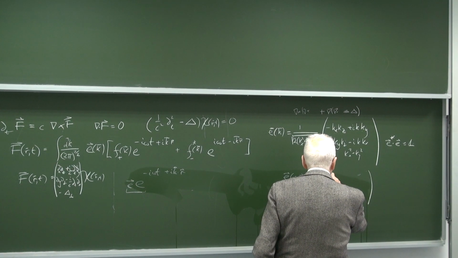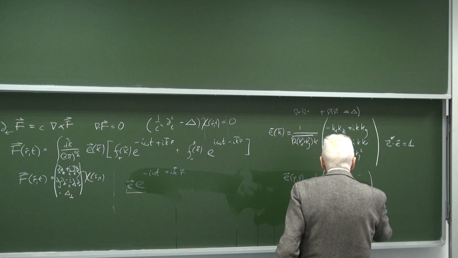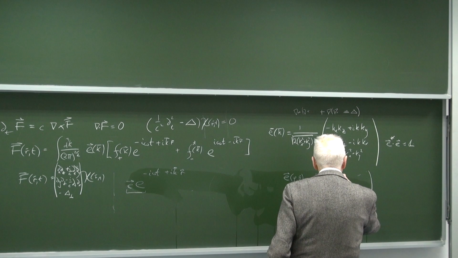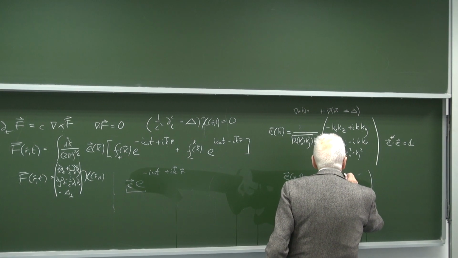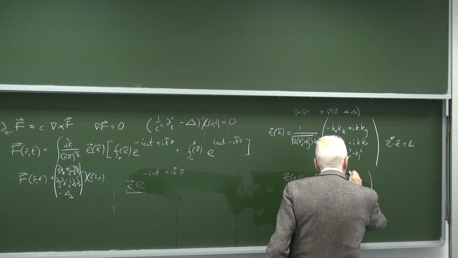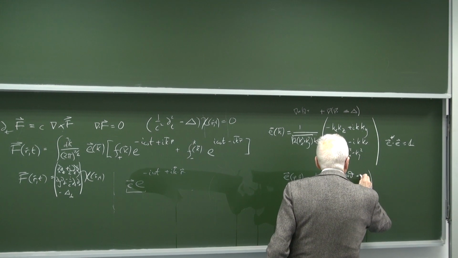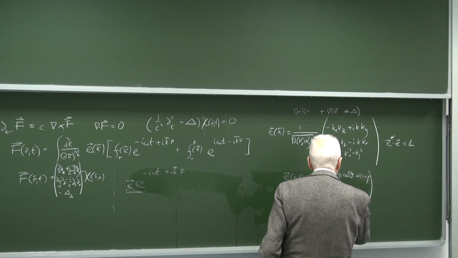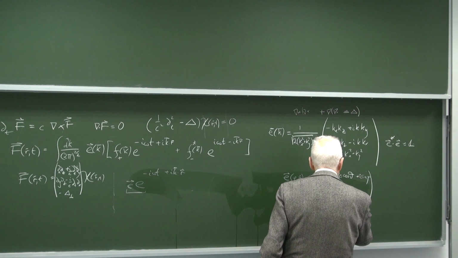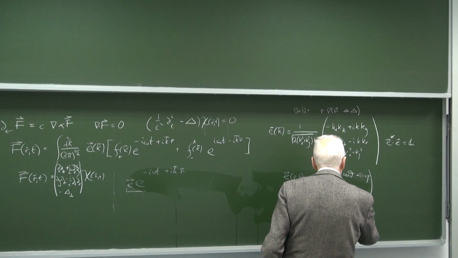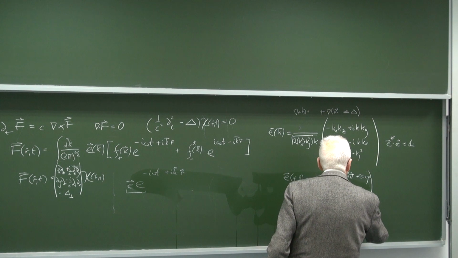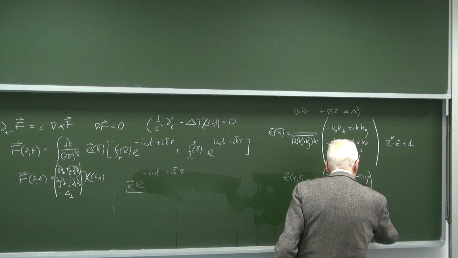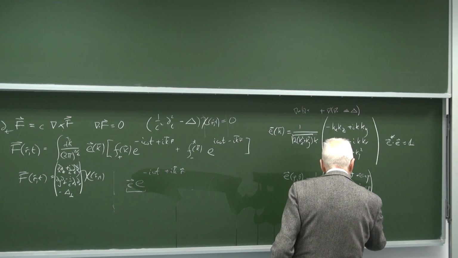And what we get here is minus, after, as I said, cancelling all terms, we get here cosine phi cosine theta plus i sine phi, and here minus sine phi cosine theta minus i cosine phi, and here there will be sine theta.